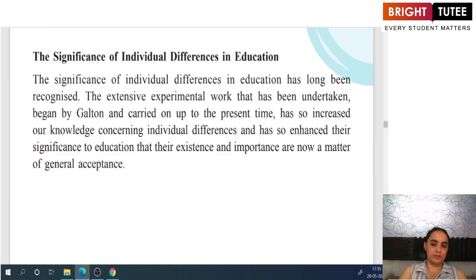Whatever new methodologies or things are introduced in the field of education, they always keep in mind the fact that individual differences do exist. The psychologist Galton was the first one who brought up the concept of introducing the curriculum according to the individual differences. He carried on those tests, and that has been followed ever since then.